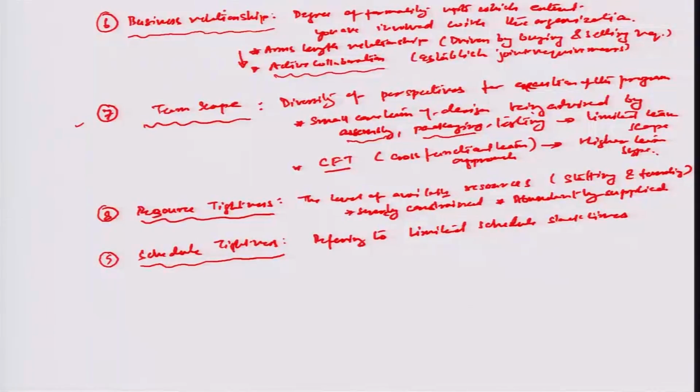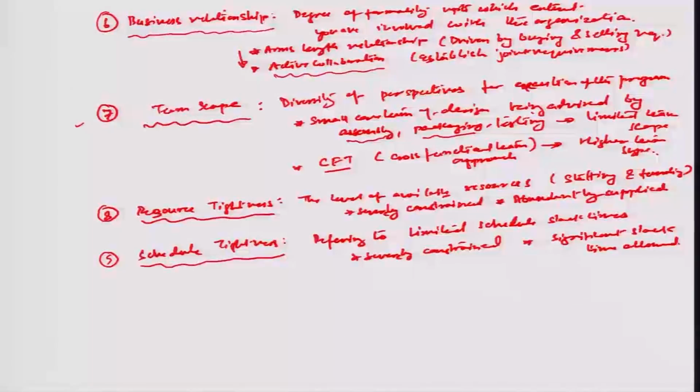So, in this particular case there could be severely constrained schedules again as one form of concurrent engineering environment, or there could be significant slack time allowed by the organization.